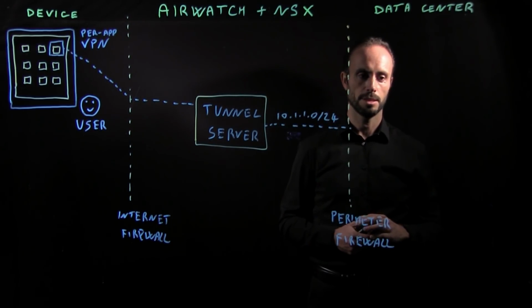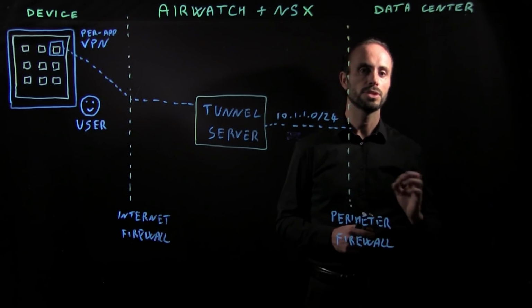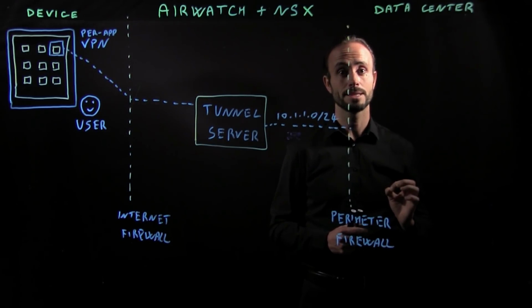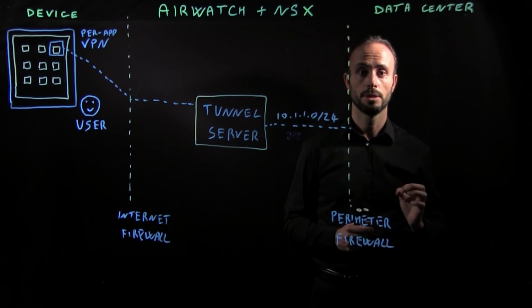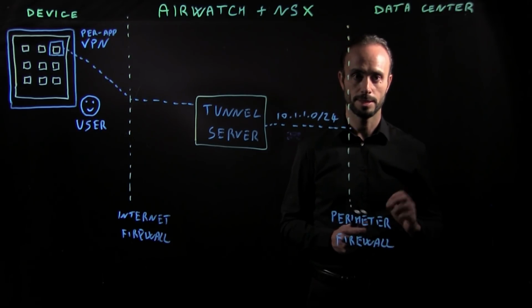NSX brings its main use case, which is microsegmentation. Microsegmentation is the possibility to associate a firewall, a micro firewall instance, to each single virtual NIC of each single virtual machine running in your data center.